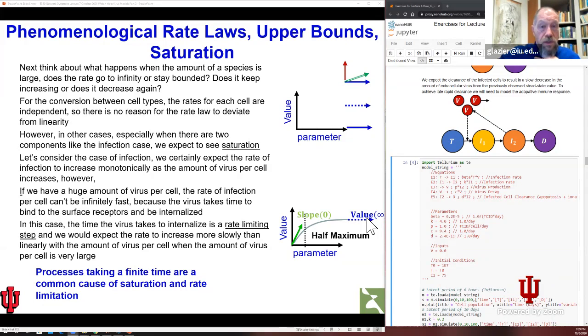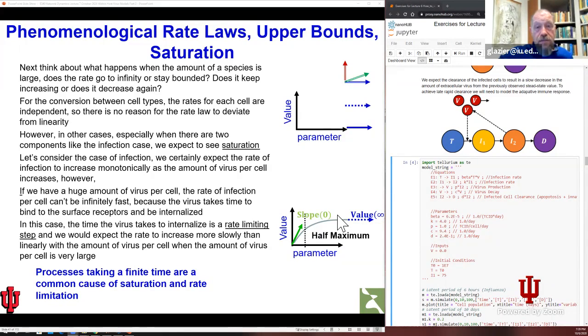When we have a saturation curve like this, it could have a lot of different shapes, but typically the things we care about are, we know the value at zero, the slope at zero, the maximum value at infinity, and then we need to know how steeply it curves over, and that's typically defined by the value at which it's half maximal. That number is usually called K, capital K.